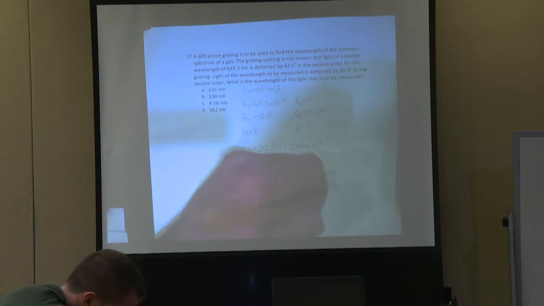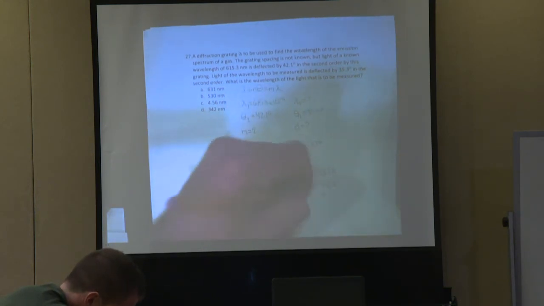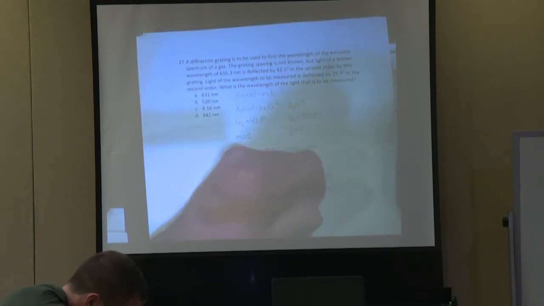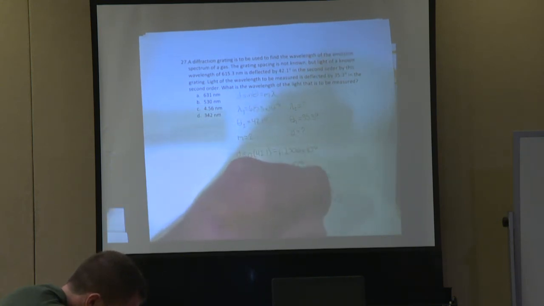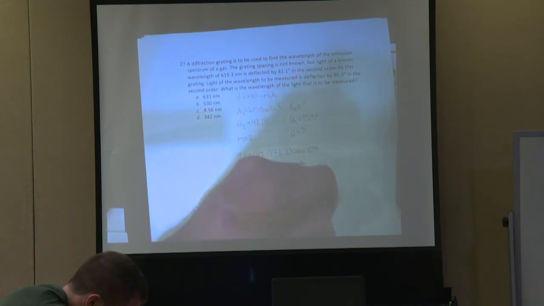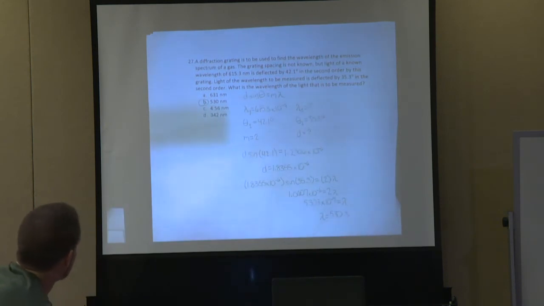Divide that by 2. And that gives 5.303, which is equivalent to 530.3 or 530, which is B.